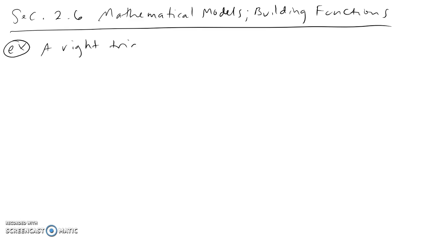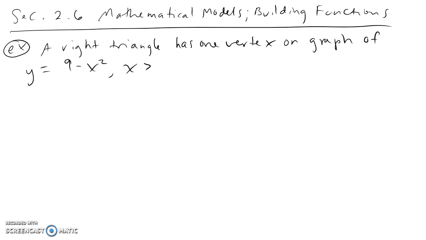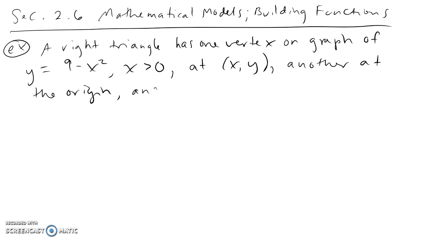A right triangle has one vertex on the graph of y equals 9 minus x squared, only x greater than 0, at x comma y, another at the origin, and a third on the positive x-axis at x comma 0.